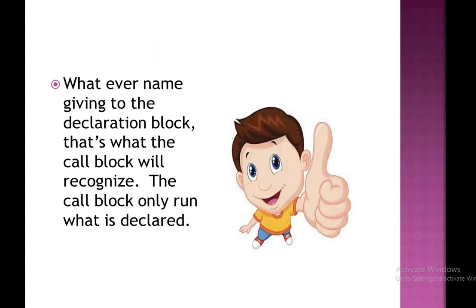Whatever name is given to the declaration block, that is what the call block will recognize. Any name that is declared in the function block is the name that will be recognized by the call block, and that is the name the call block will activate. The call block only runs what is declared by the declaration block.